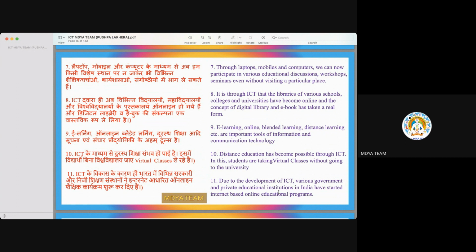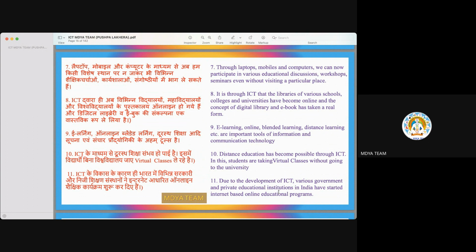So it is through ICT that libraries of various schools, colleges, universities have become online. That is a very efficient and very good advantage of ICT. And the concept of digital library and e-books has also taken a real form.